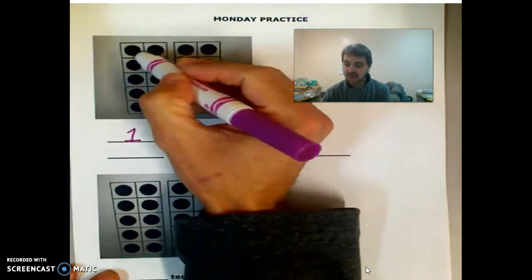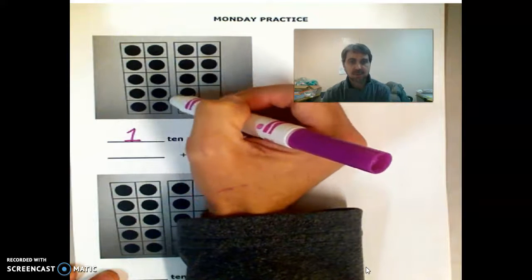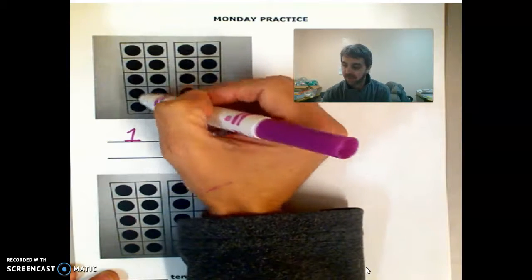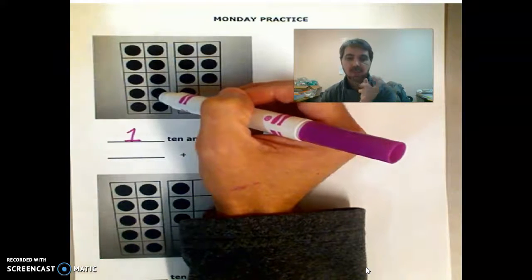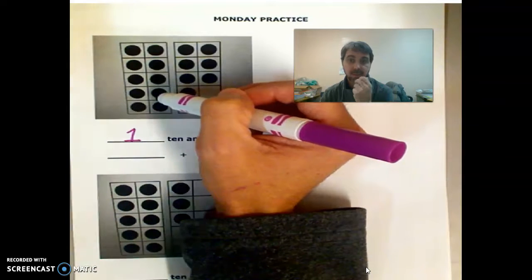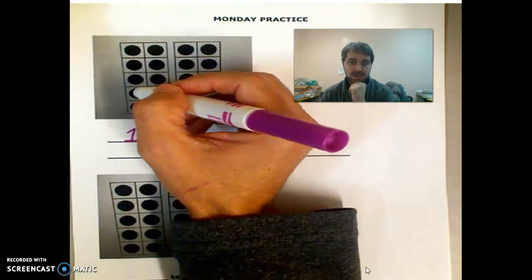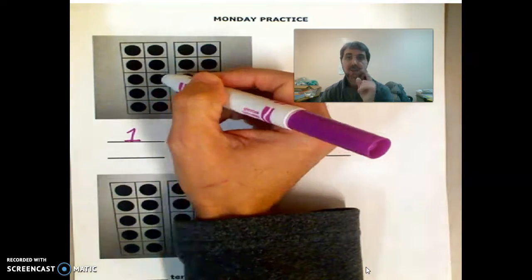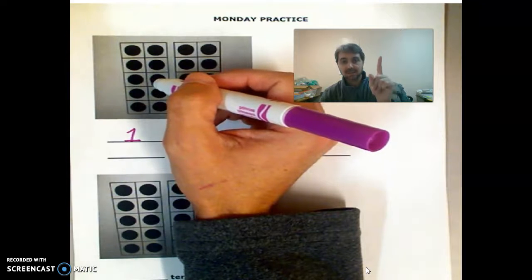Even though there's 10 counters or dots filling it up, let's call them pieces of candy, like we were doing, and they're in a bag. There's 10 pieces of candy in one bag, and we're calling that one bag 1 ten.